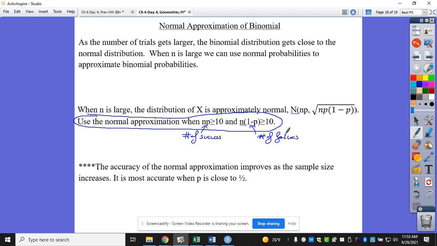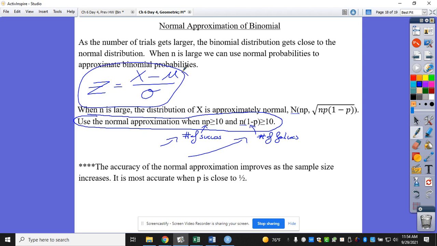So what's on the yellow chart? There are 2 things on my yellow chart. What's on the inside? Inside is area, outside is, what's my equation for z-score? Do I now have a mean for binomial? Do I now have a standard deviation for binomial? So if this works, that means I can now use this for binomial.